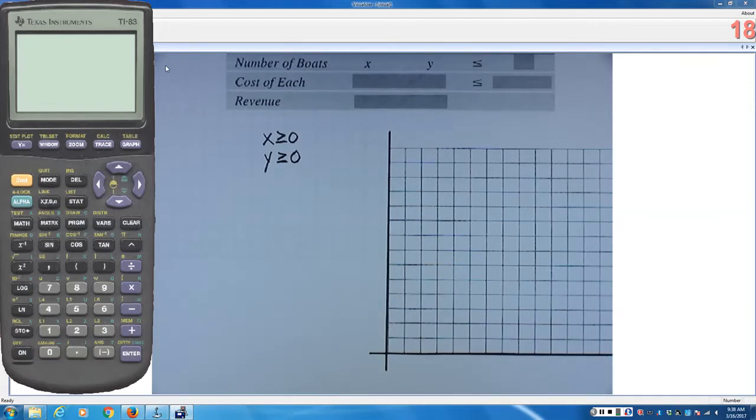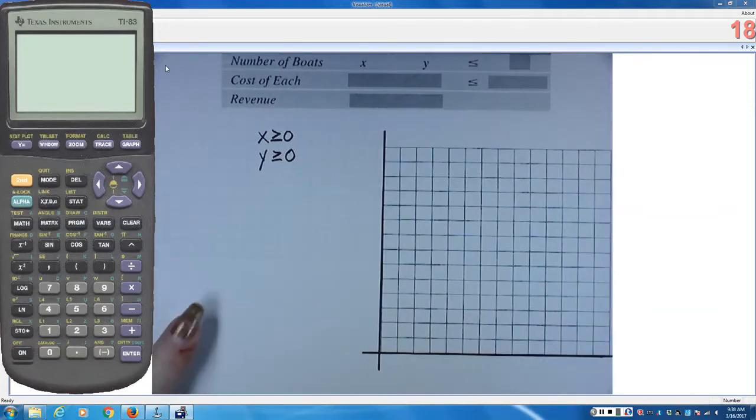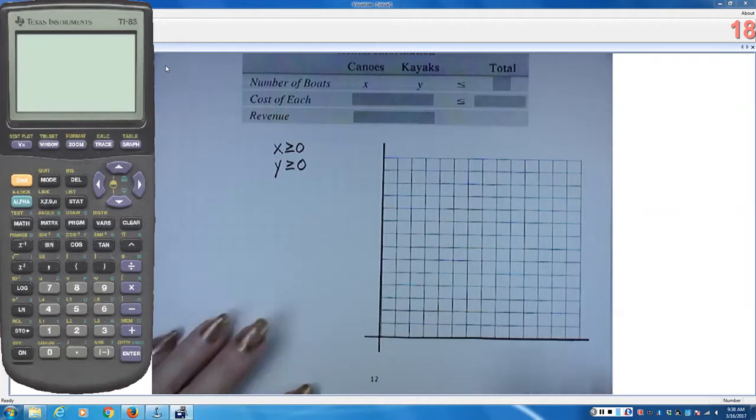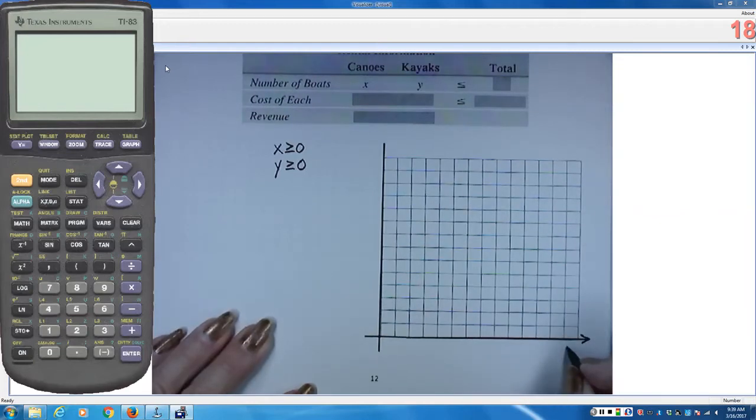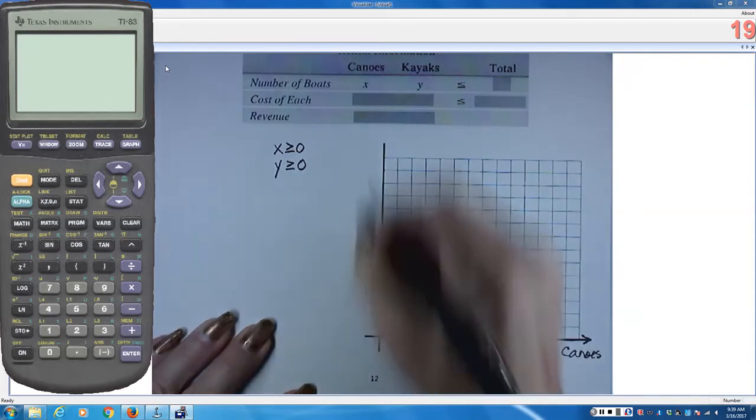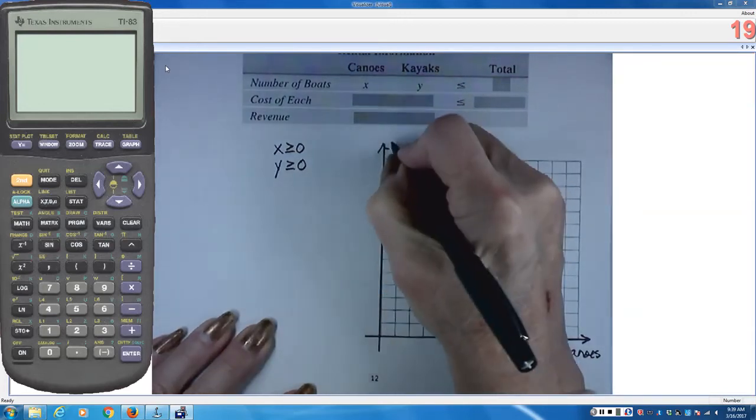So we'll start out where we only work in the first quadrant. This is going to be canoes, and this is going to be kayaks.